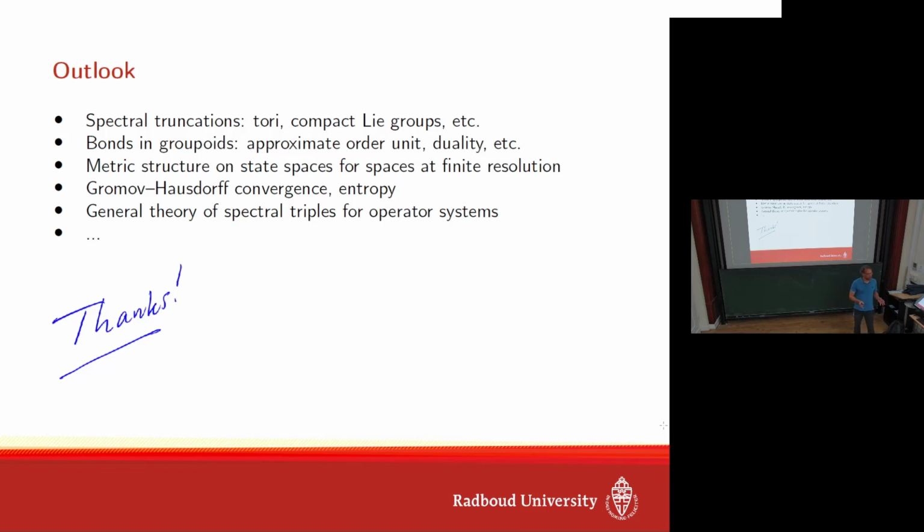Bratteli diagrams and groupoids are also open for study, so it's not so clear whether that would have approximate order units or what the duality would be. The metric structure is still somewhat open for these finite resolutions, and all the questions can be asked, and the final one would be a general theory of spectral truncations in the category of operator systems. But I will stop and thank you for your time.